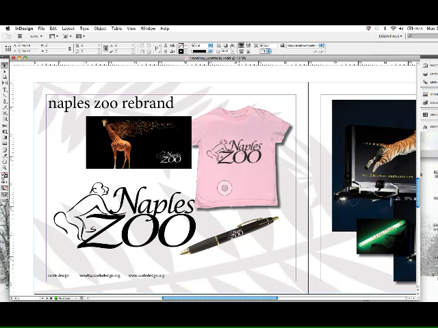You might want to find a photograph of a stuffed animal with a tag hanging off of it, and then you can put your logo on the tag to represent your amusement park's stuffed animal that they might have in their concession stand. They have everything from toys to mugs to, I mean, you name it. Anything that you can put in the amusement park store and sell that might have their logo on it is fair game.